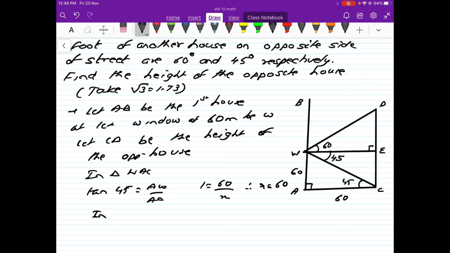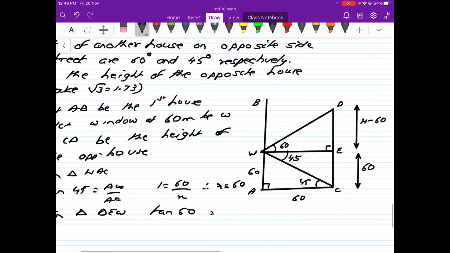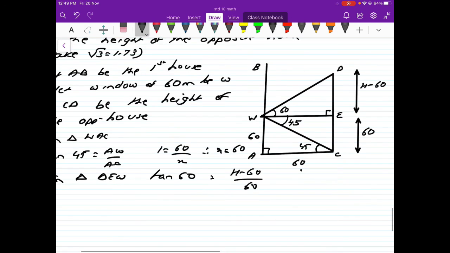Now we will take the other triangle DEW, in which we have tan 60. This will be H minus 60, opposite, upon adjacent. Adjacent is 60, which we have already got. The value of tan 60 is root 3, so root 3 is H minus 60 upon 60.